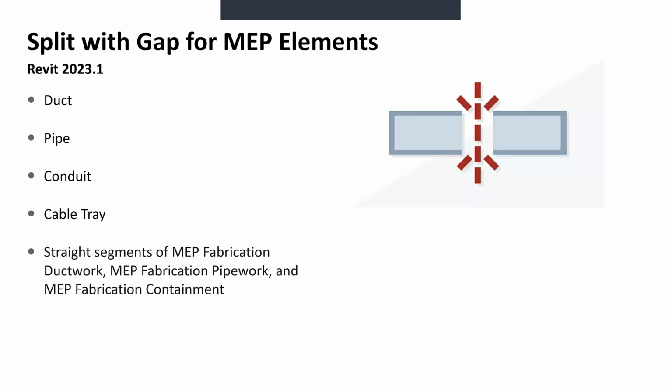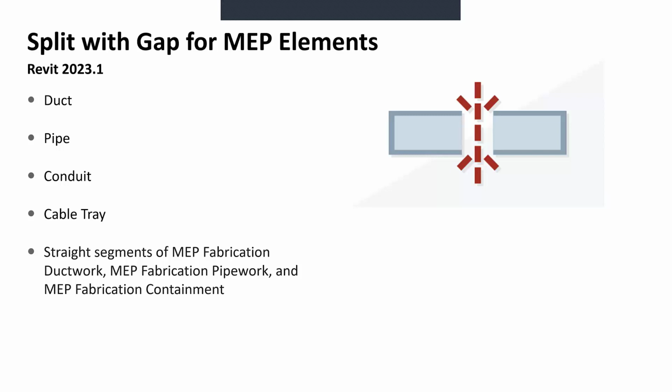You can now use that split with gap, set the spacing, and put that gap in that duct. You can drop that duct and connect it up, as opposed to split, click on one space, click on another space, and then delete that middle piece. So now it's just split with gap, then move it to where you need it and reconnect it.